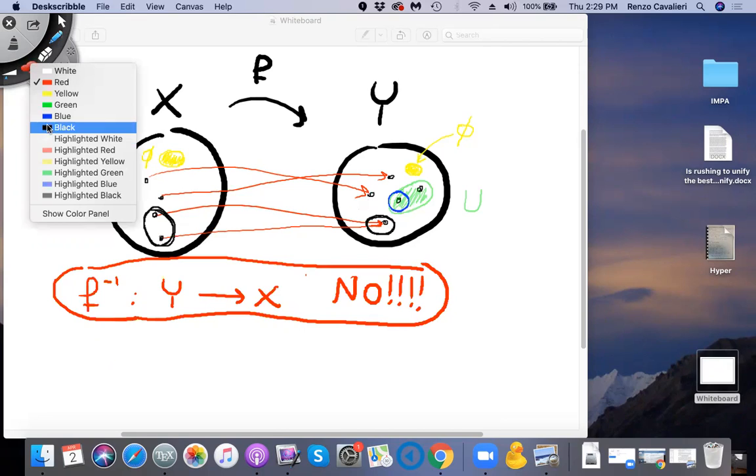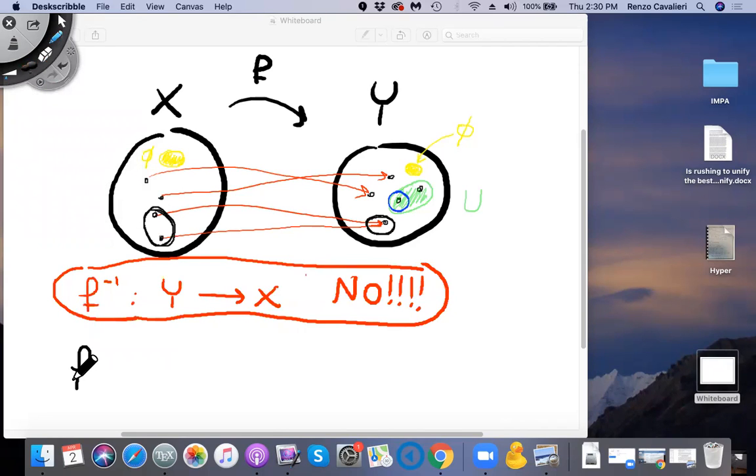The correct statement, if you want to think of the inverse image as a function, is that the inverse image assigns to subsets of Y subsets of X. In particular, among the subsets of Y, you can take single element subsets, that's fine. This is sort of the same as taking elements of Y, but the outputs are not necessarily elements of X, they're subsets of X. That could be the empty set, they could have a lot of elements and so on and so forth.